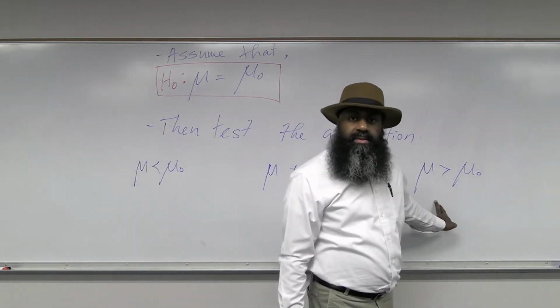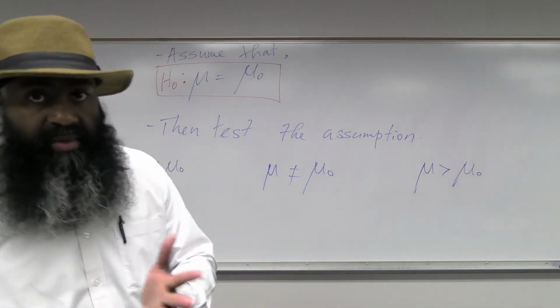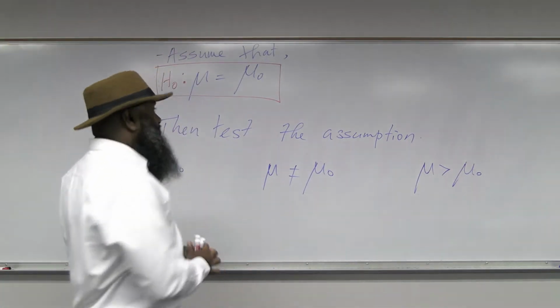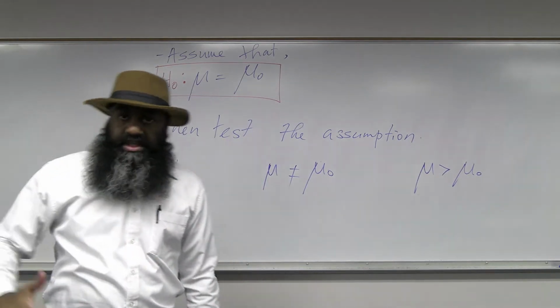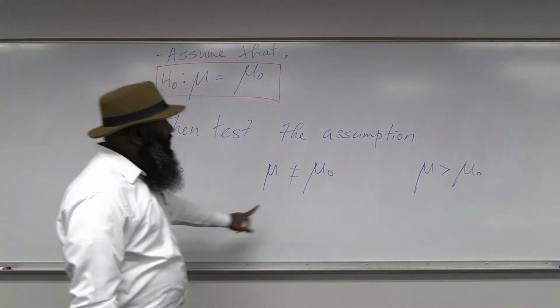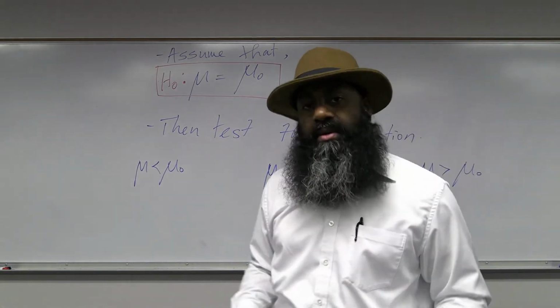Okay, one of these three alternatives. We don't write all three alternatives for every single question. We write the assumption essentially, and with the assumption, we will write one of these three possible alternatives based on the instructions of the question.